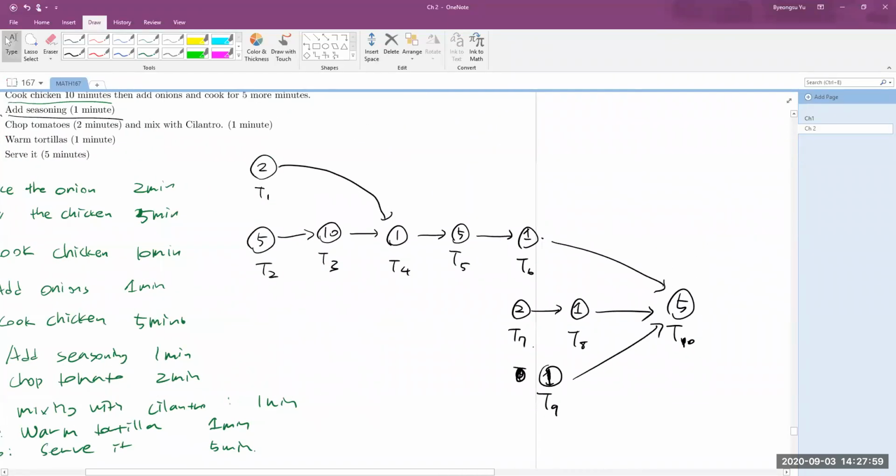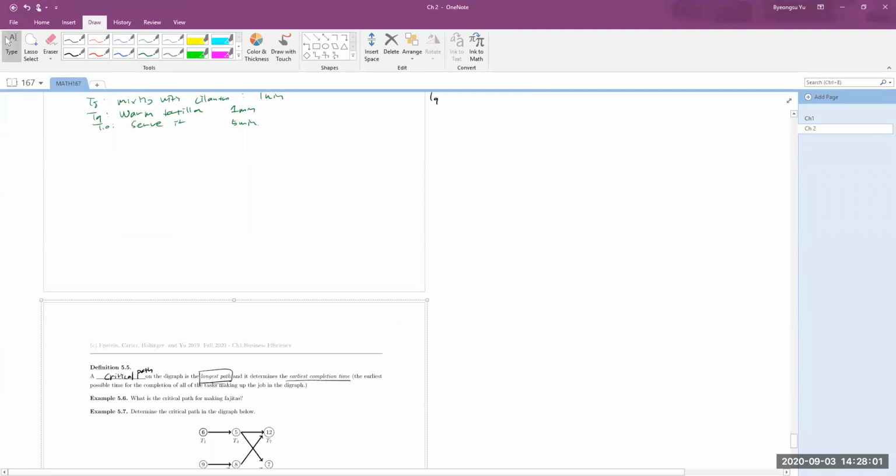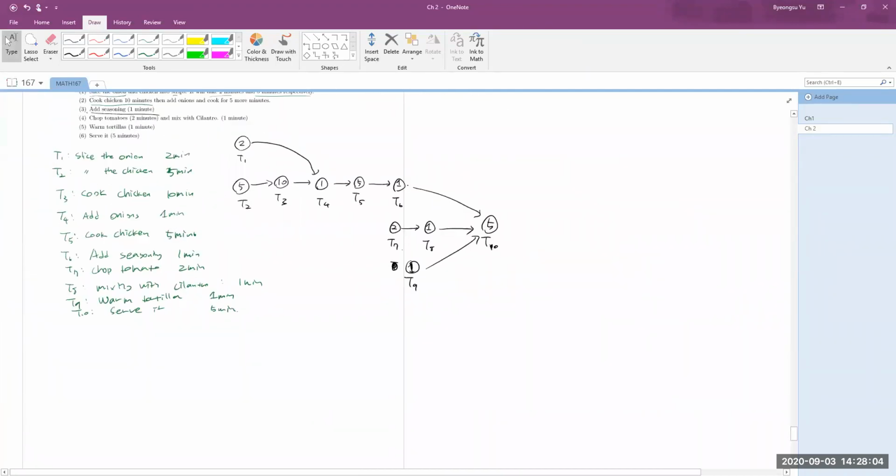let's see this example again. In this example, even if you finish these jobs, T7, T8, T9, chopping tomato, mixing cilantro and warming tortillas, if you didn't finish the chain from cooking onion, chicken, and so on, then you cannot complete the whole task, right?